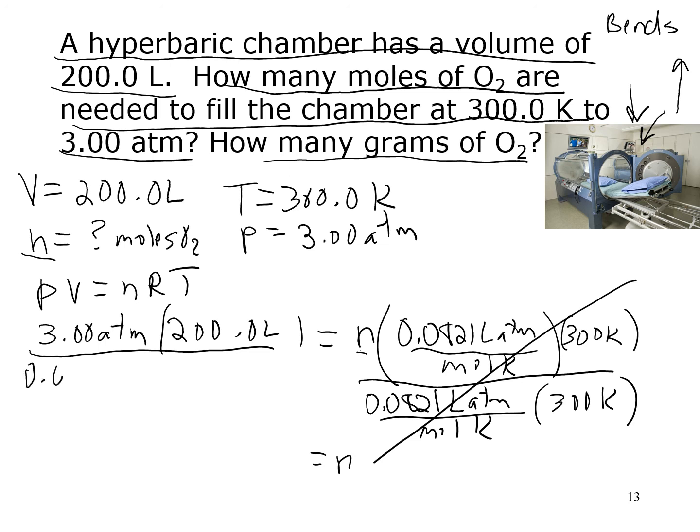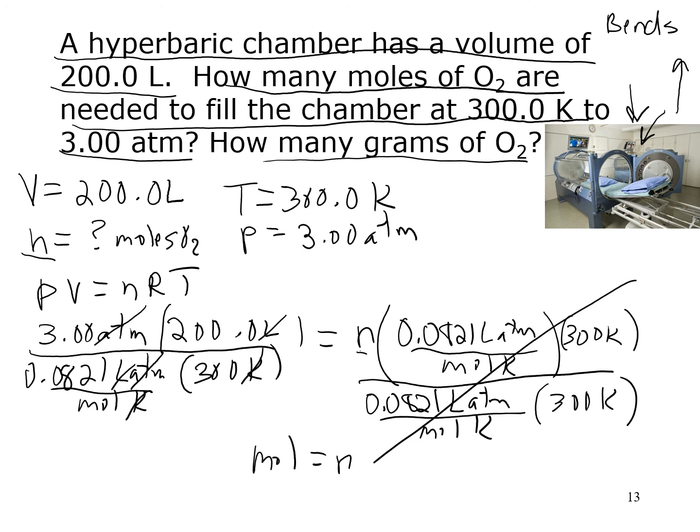So we have 0.0821 liter atmospheres over mole K divided by 300 K. So now we can look at our units, and we have atmospheres canceling atmospheres, liters cancel liters, Kelvin cancel Kelvin, and this mole is on the bottom of the fraction, so that will be flipped up to the top as a mole. Then we can do our math.